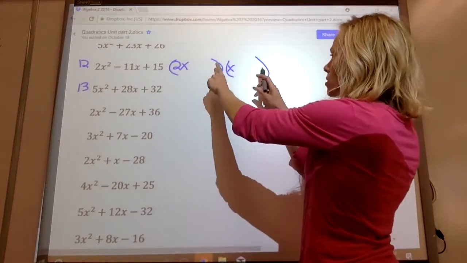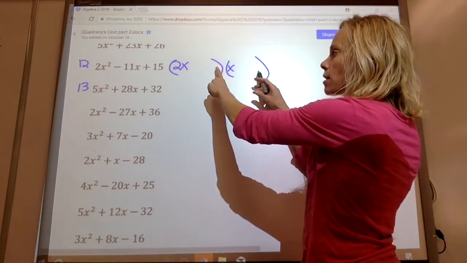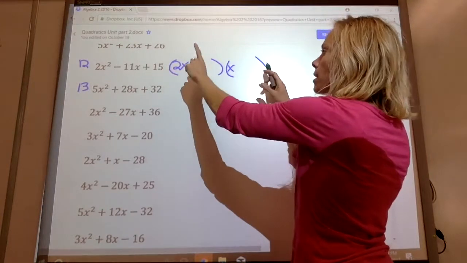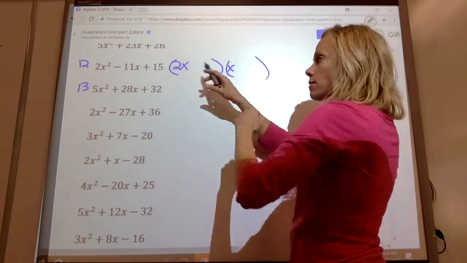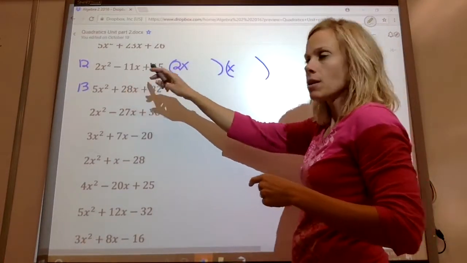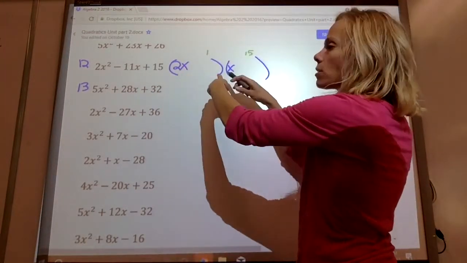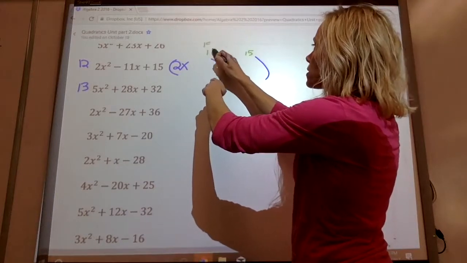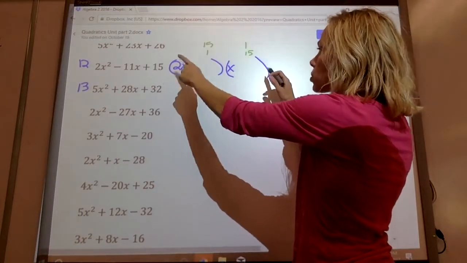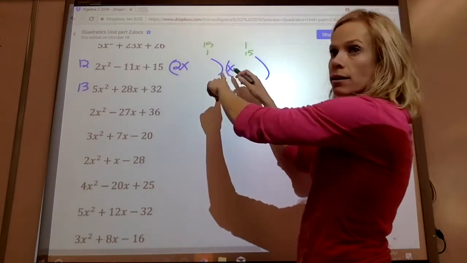I have to think, what 2 terms here do I multiply to get 15, but outer, inner gives me negative 11. So I just start going through my numbers, like 1 and 15. Well, that's 30 and 1. I can't get 11. 15 and 1, that's 2 and 15. I can't get 11.